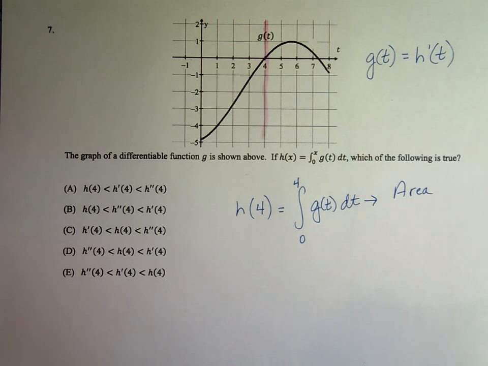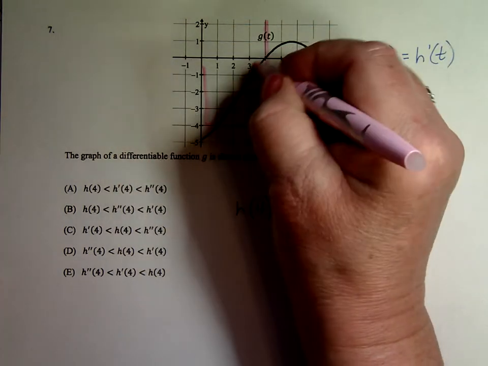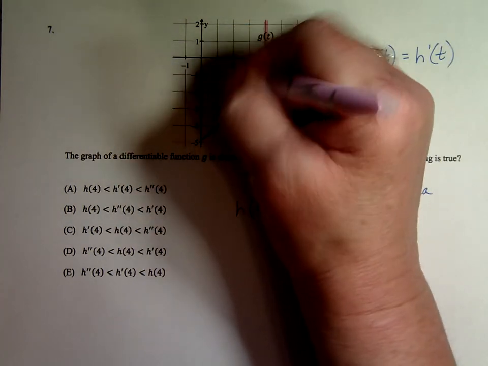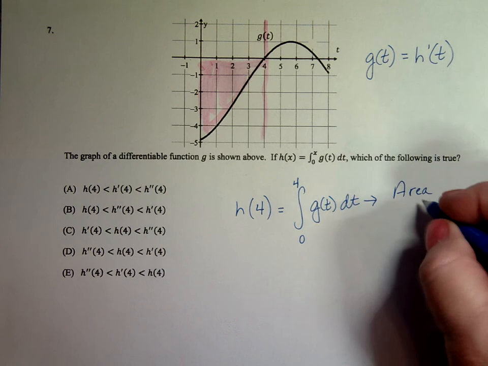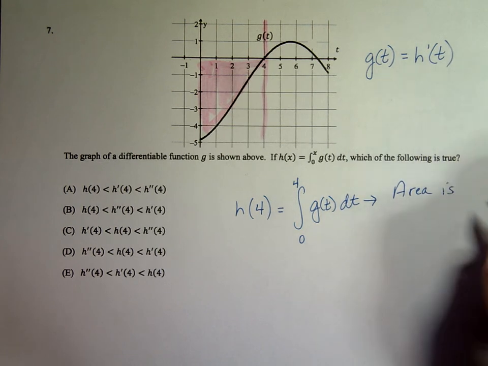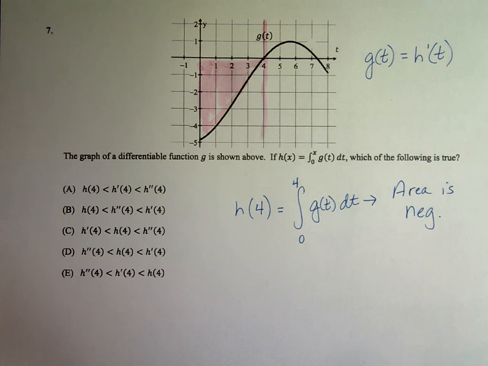What can you tell me about that area? You can estimate it, but really all you need to know is whether the area is positive or negative, and you say negative because it is below the x-axis. There's my h of 4.